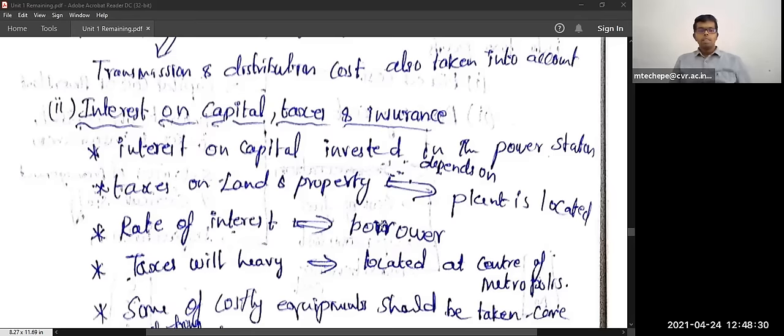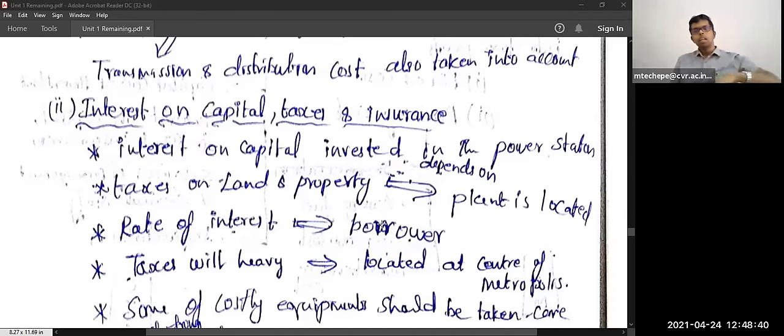So what they will do is go for rent, like an underground substation on rent. They take some building's underground space on rent and construct an underground substation so that they can operate.